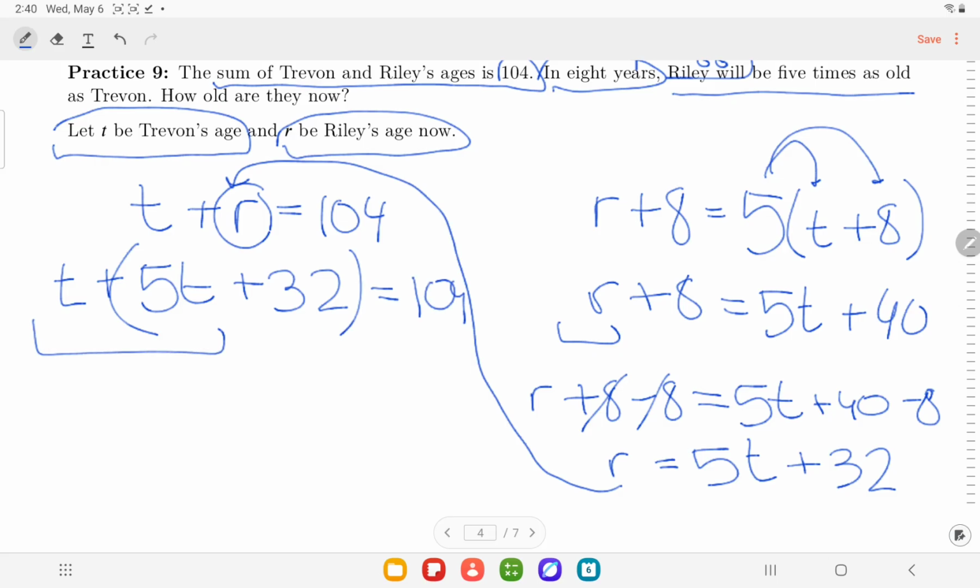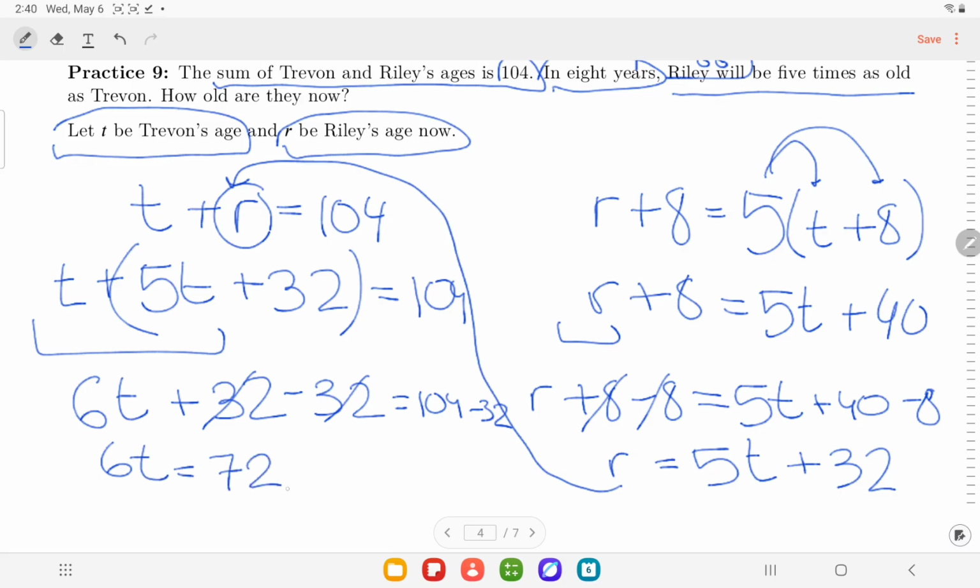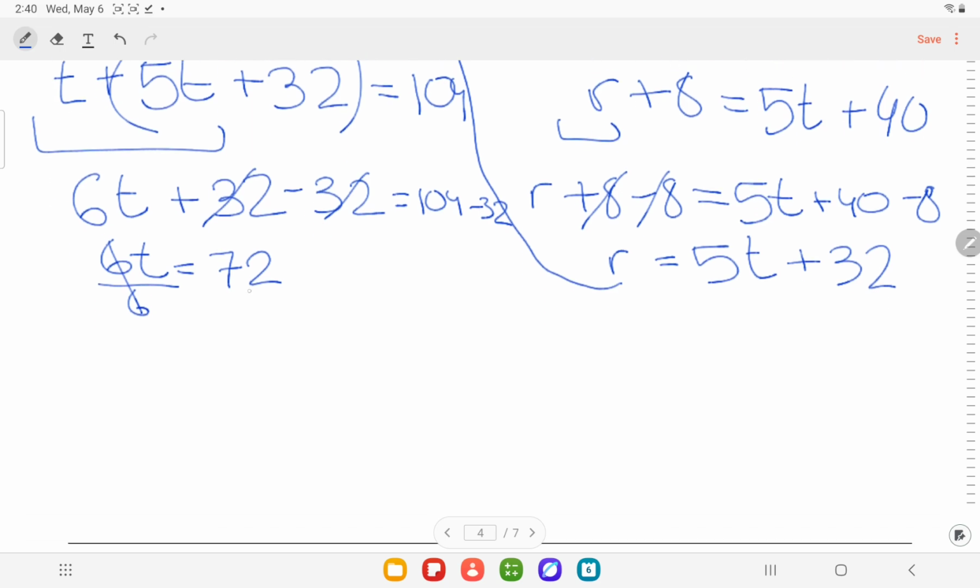And these two t's are like terms, so we can add them. And then subtract 32 from each side. So we end up with 6t equals 72. And then we divide each side by 6.